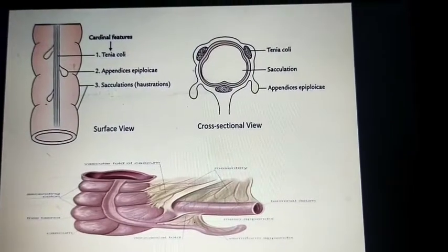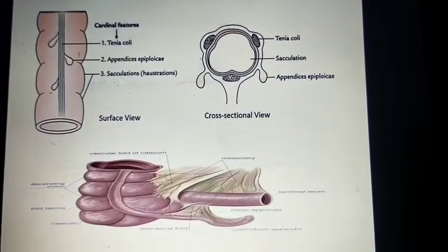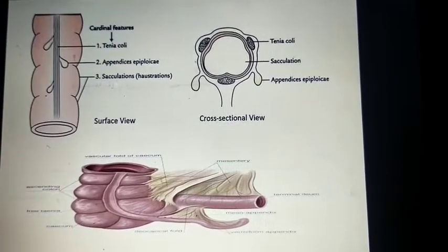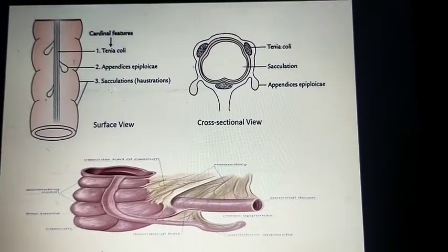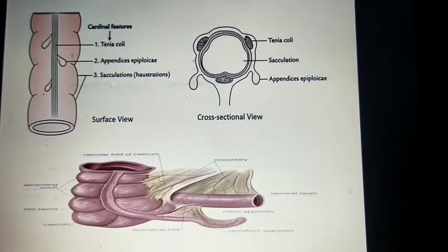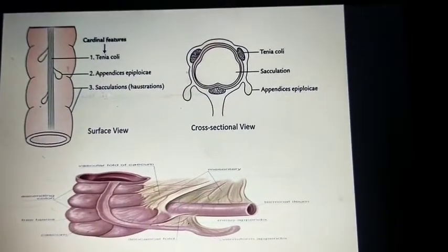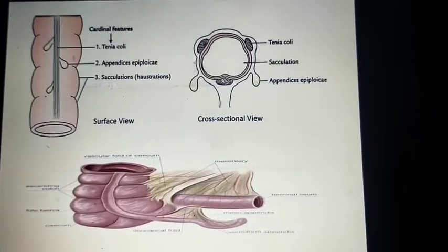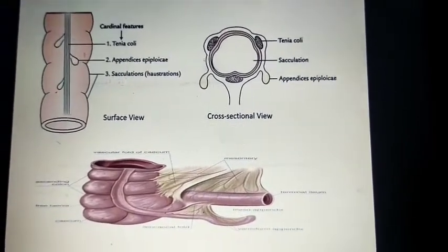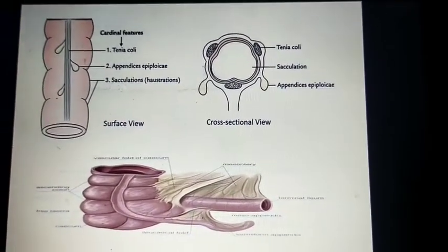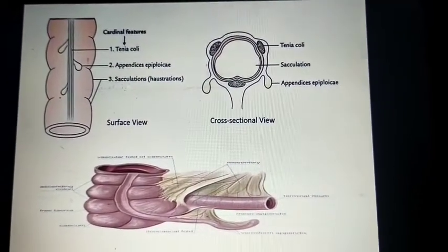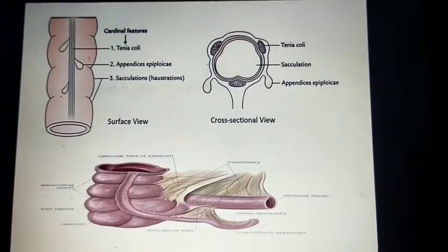But the small intestine does not have any ribbon-like or band-like structures on its surface. It doesn't have appendices epiploicae, and the small intestine has no saculations. But the large intestine has saculations, appendices epiploicae and Taenia coli. These are the cardinal or special features of the large intestine.